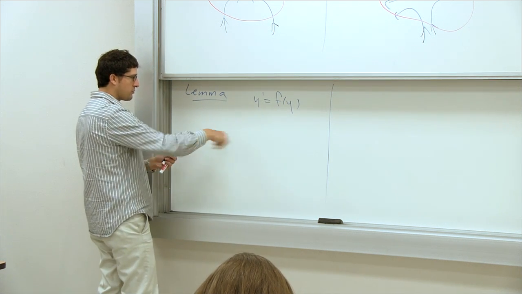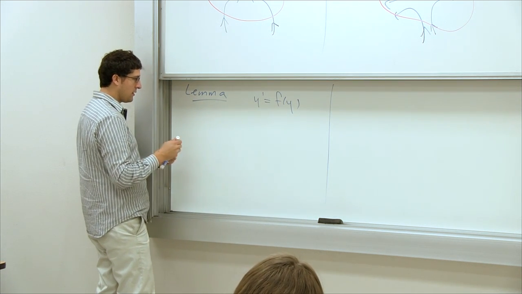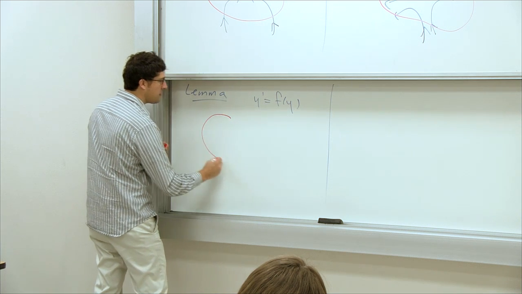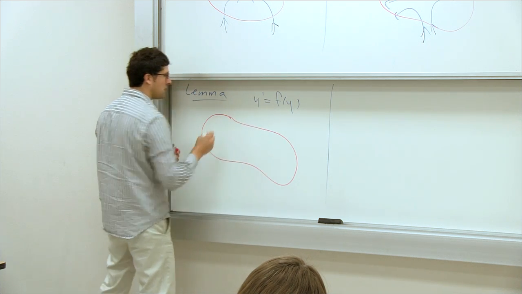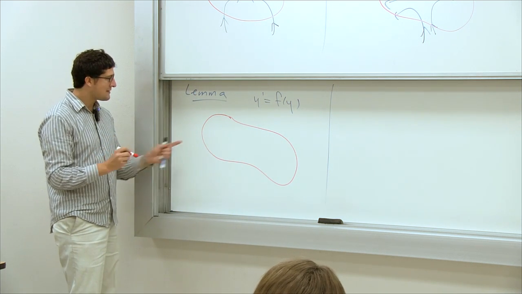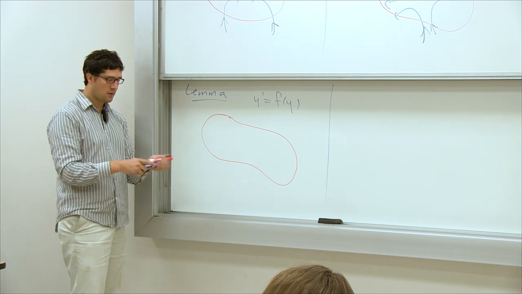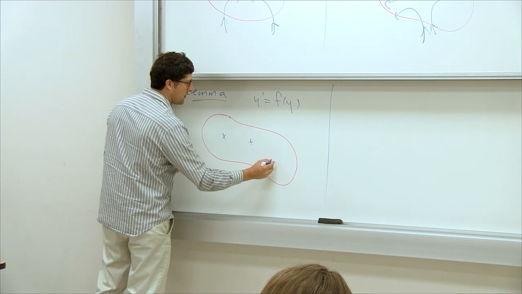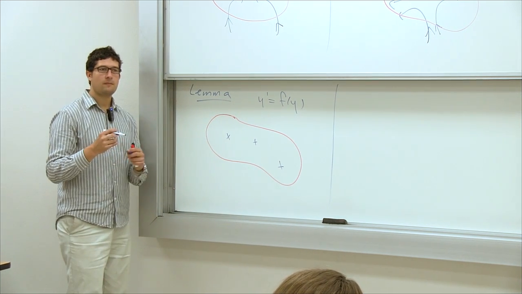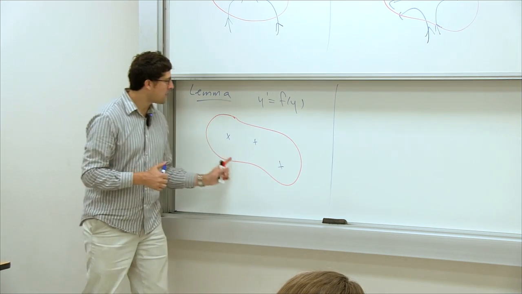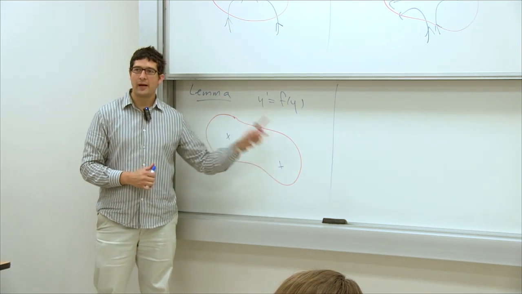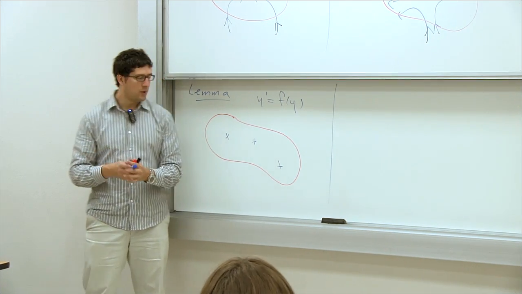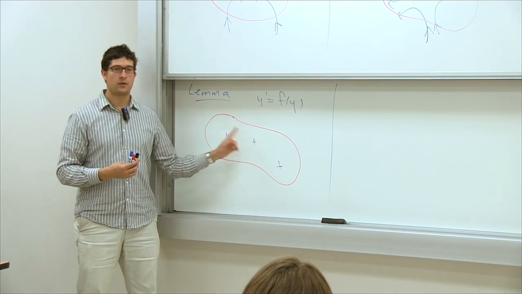I got a bunch of arrows pointing every which way, and I got an arbitrary path, okay? And suppose that inside of this region, I got a bunch of steady states. For example, this one, this one, this one. Okay? And I want to find out the index of this path. There's no more steady states, only these 3, okay?